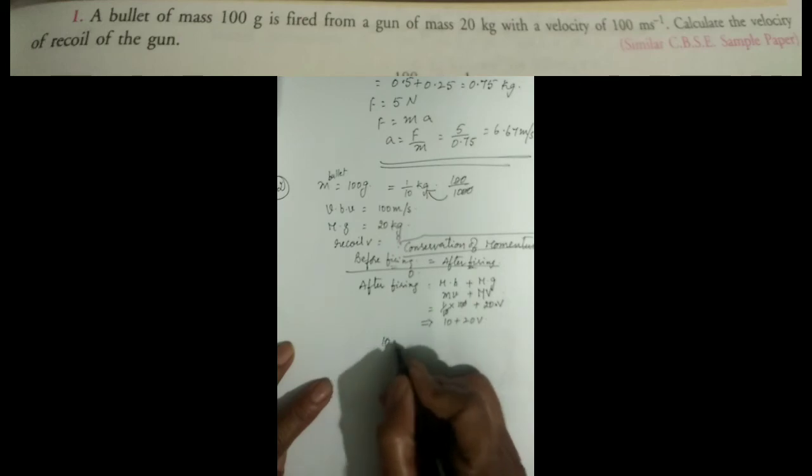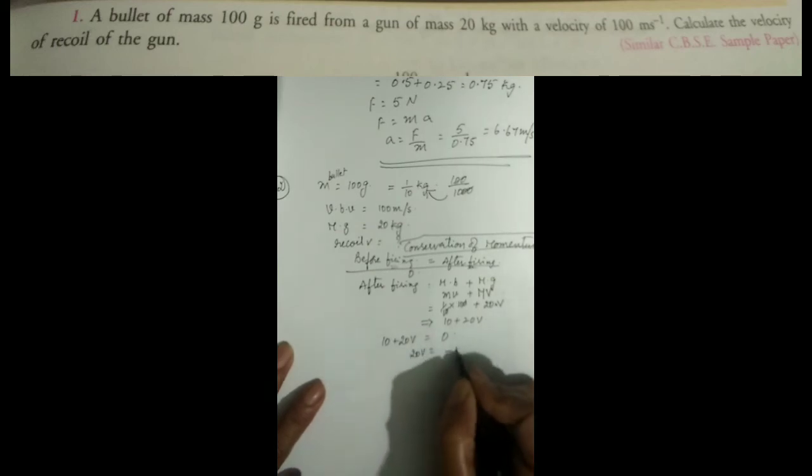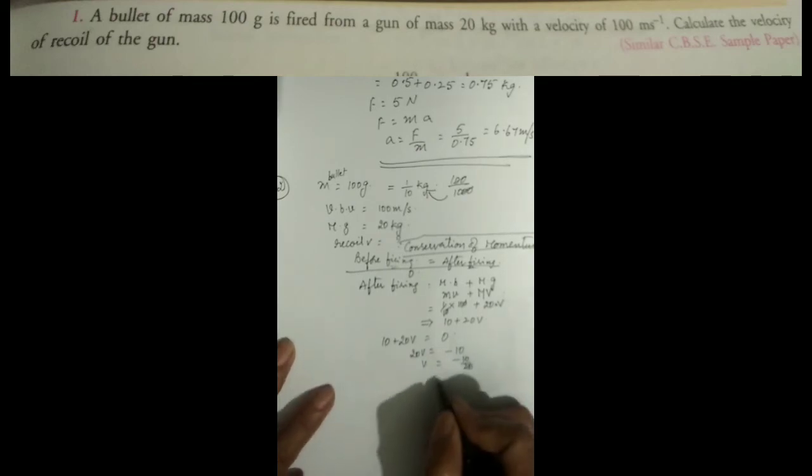According to conservation of momentum, momenta before firing is equal to after firing. So 10 plus 20 V is equal to 0. Okay, 20 V is equal to minus 10, V is equal to minus 10 by 20, that is equal to minus 0.5 meters per second.